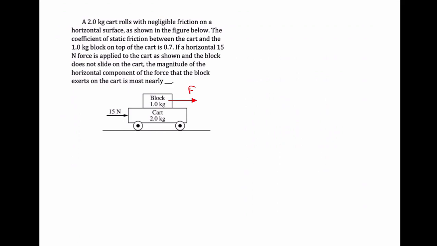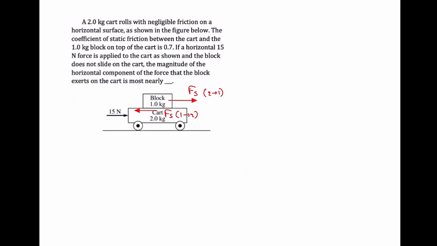And since object 1 is not moving with respect to object 2, this is a static friction. So there is a static friction force from object 2 to object 1. Now this is an action, so it will have an equal and opposite reaction on the bottom object. So there is again a force of static friction from object 1 to object 2.